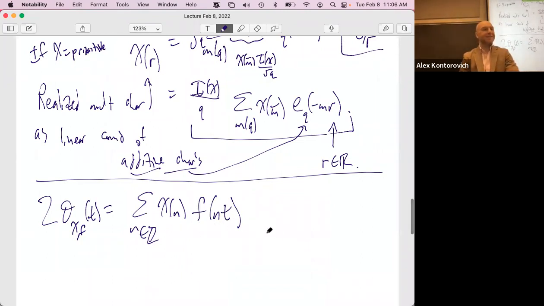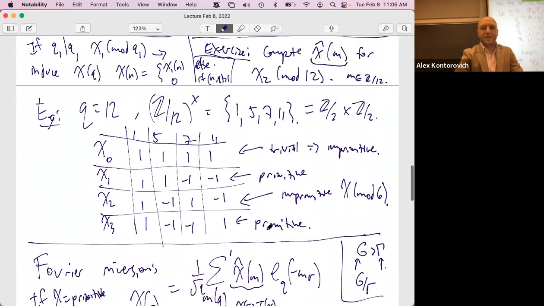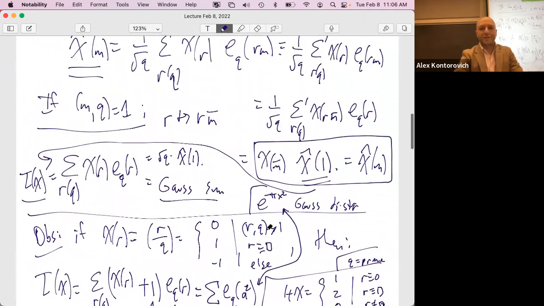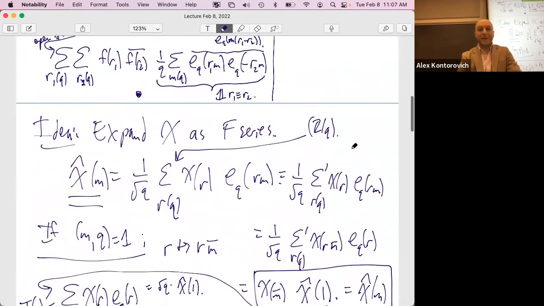As long as chi isn't super degenerate, we never run into an issue. Since you made the remark, let's observe that the reason a lot of this is happening is the interplay between the additive and multiplicative groups. We have this ring structure, an additive structure with additive characters, but also a multiplicative structure, and we're twisting one by the other.